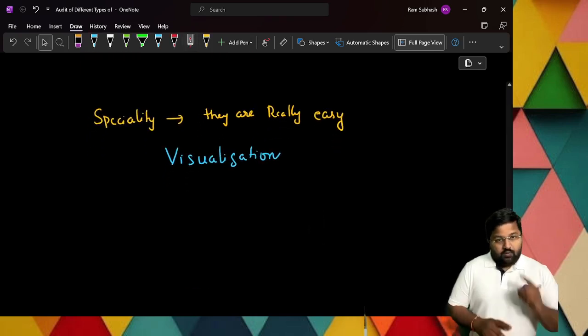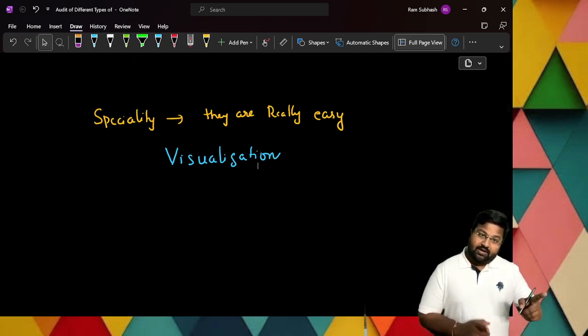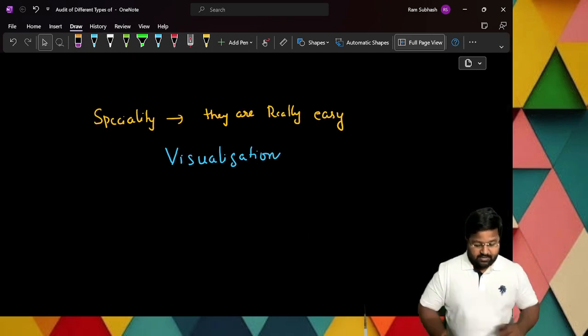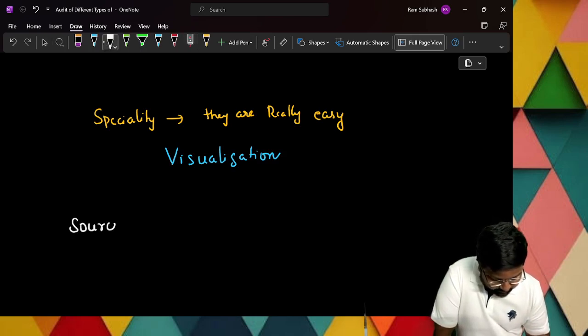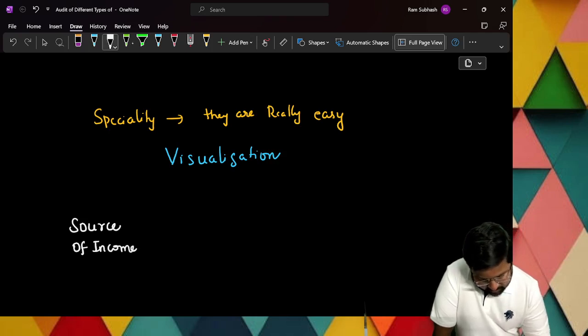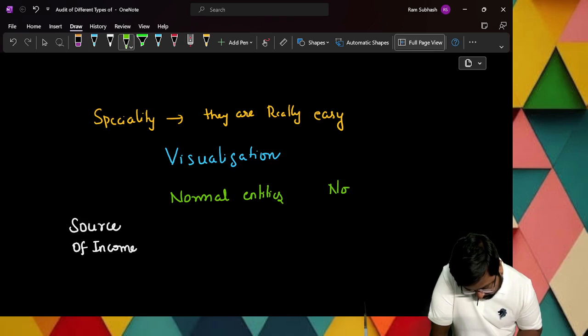One more point: there is a big difference between normal entities and these six types of entities. The difference is the source of income, and the differentiation is between normal organizations and non-profit organizations.